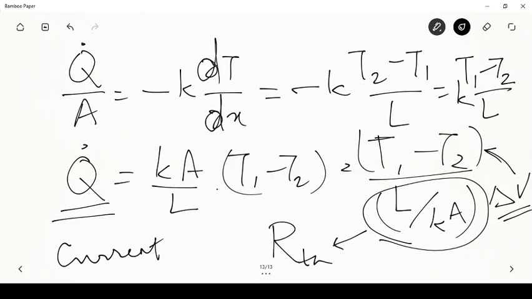So the thermal resistance of a wall is written in the form of L by kA, where L is the thickness of the wall and k and A are the thermal conductivity and surface area of the wall respectively.